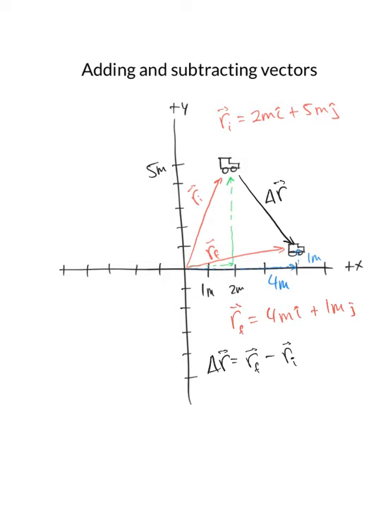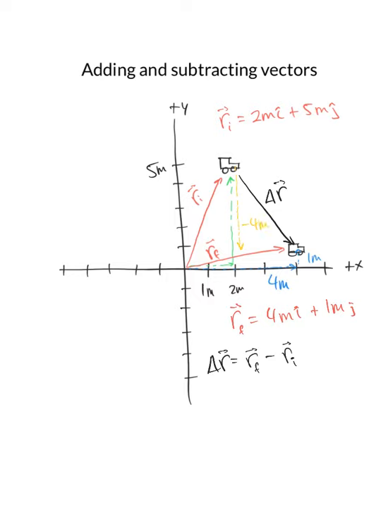We're going to learn how to do this two ways. First, we're going to do it purely graphically. If I look at the vector delta r, it starts at the point up here at 2 meters in the x direction, 5 meters in the y direction. To get to my final position, I need to go down 4 meters, because I started from 5 and ended at 1.